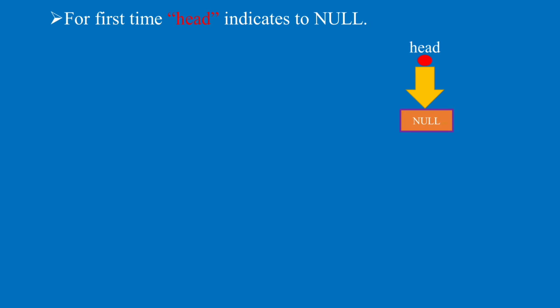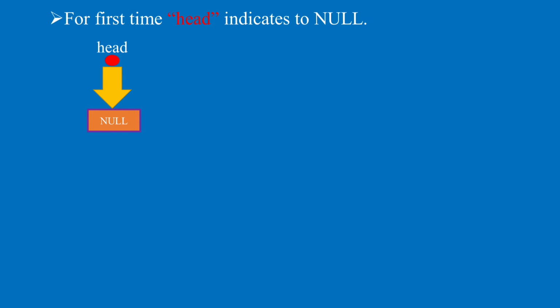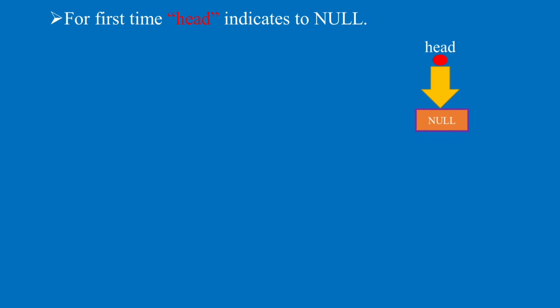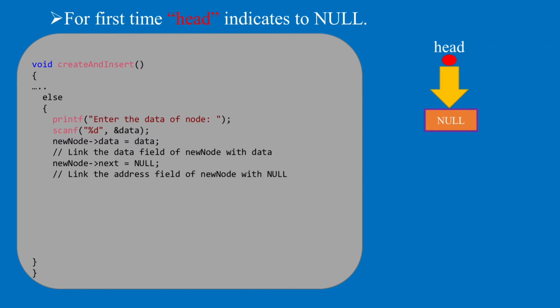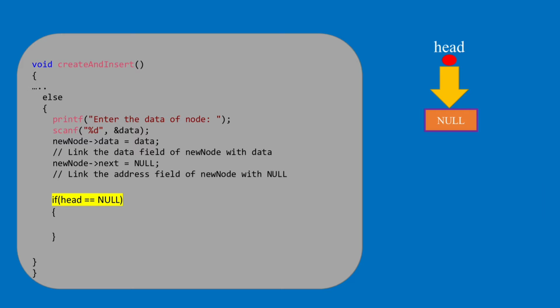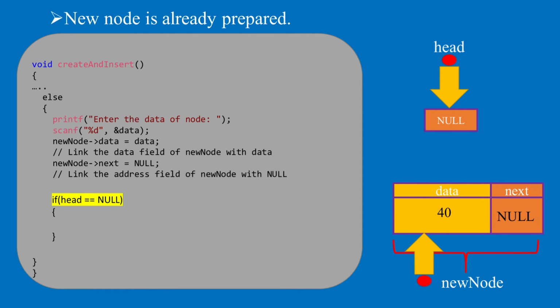For the first time, head points to null. Let's continue the program. Initially head will be null, that means the list is empty. So, we need to add a checking condition. Add a condition like, if head is equal to null or not. We already created and prepared the new node, and it looks like this.